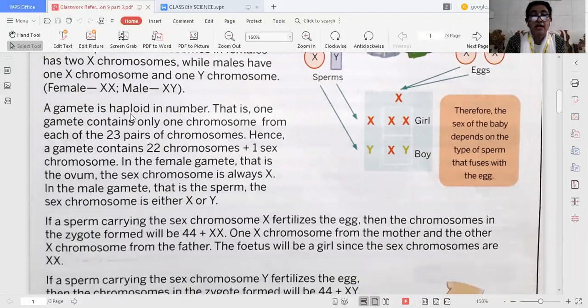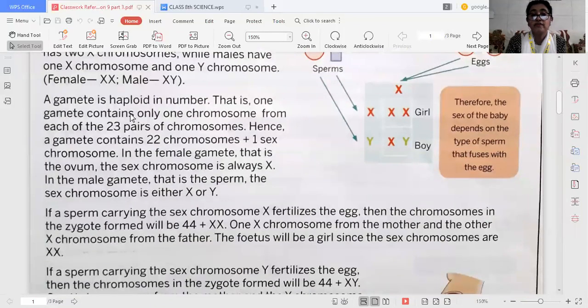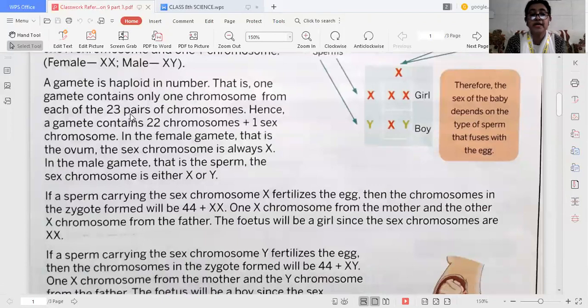Now, if we talk about the fusion, if a sperm carrying the sex chromosome X fertilizes the egg, then the chromosomes in the zygote will be 44 plus XX, that is, autosomes plus sex chromosomes XX.